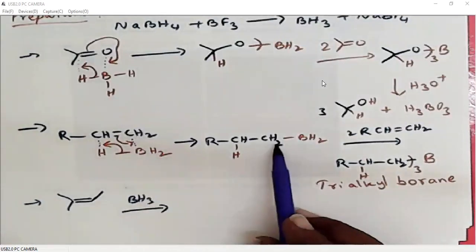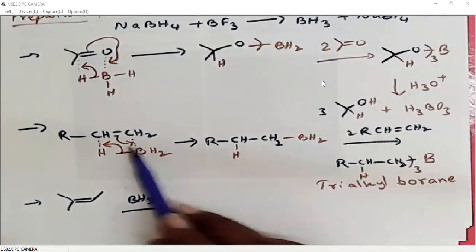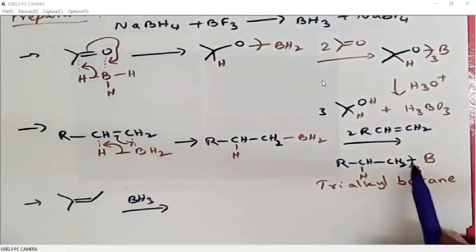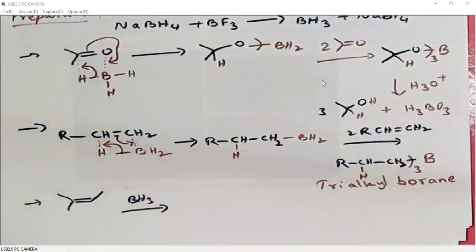A borane can reduce three such terminal double bonds, so it can generate a trialkyl borane. But here it is an internal double bond, which is sterically crowded. So in this case it is not possible to have a trialkyl borane; it is only possible to have a dialkyl borane.